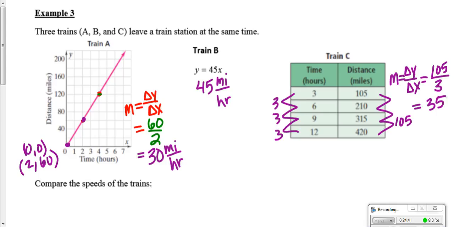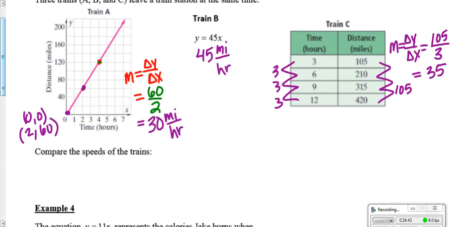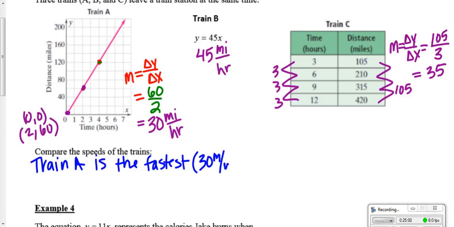We can talk about how train A is the fastest at 30 miles per hour. Okay, so train A is the fastest. Okay, and I'm just going to go ahead and write in 30 miles per hour.